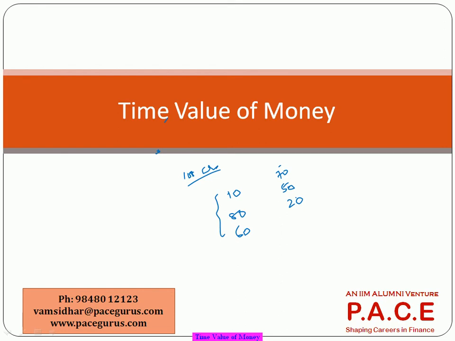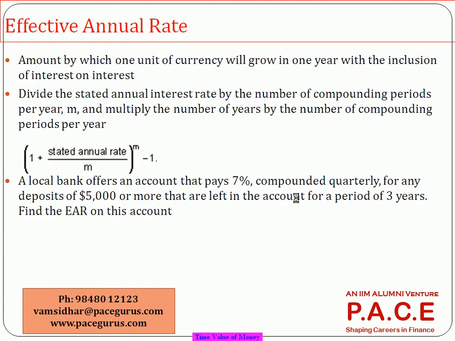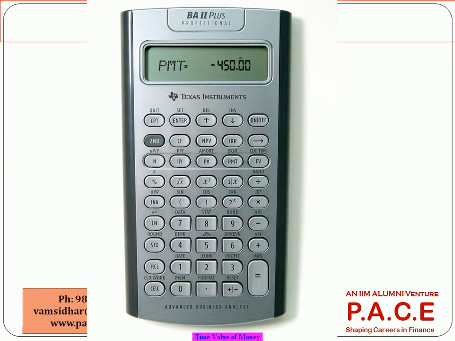From your exam standpoint, it's the usage of the calculator. This can be done using the system or spreadsheet more effectively, but at the same time the financial calculator has specific buttons which will do time value of money calculation. There are a lot of buttons present in this financial calculator, the BA II Plus Professional version I was talking about.